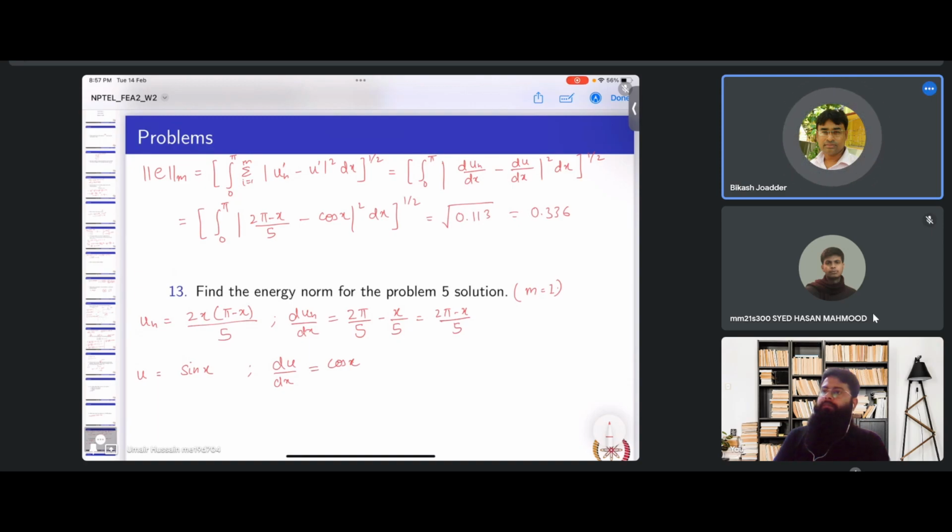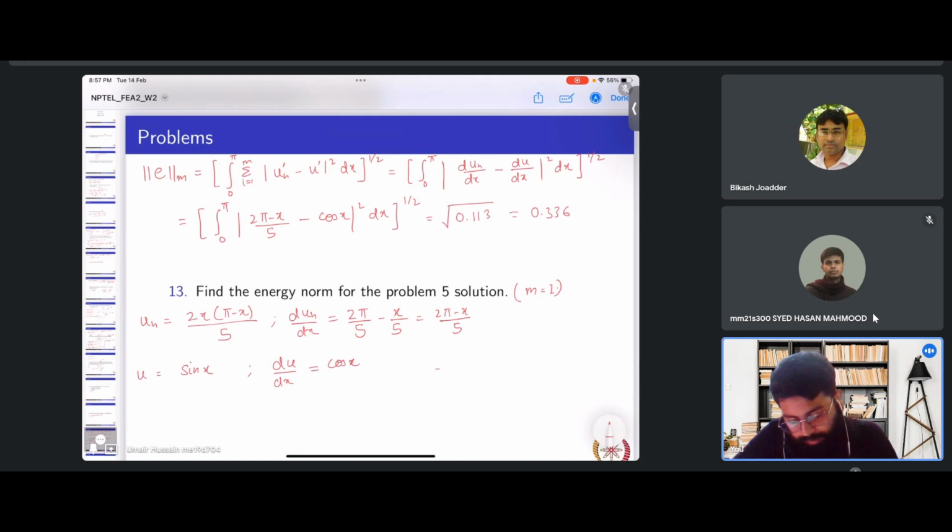Here, even if we differentiate u with respect to x, then that is, I think, 2 by 5 into pi minus 2x. It's actually x square, right? 4x by 5. It's actually minus 2x square by 5, isn't it?